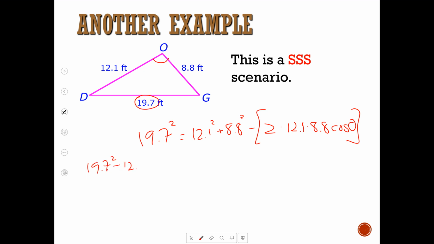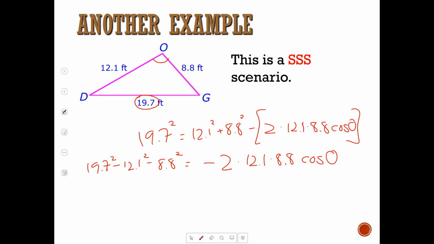19.7 squared minus 12.1 squared minus 8.8 squared is equal to the opposite of 2 times 12.1 times 8.8 times the cosine of O. Now, realistically speaking, if I was doing this problem, I would take 2 times 12.1 times 8.8 and get that number. But again, I'm just going to work in generalities without a calculator.